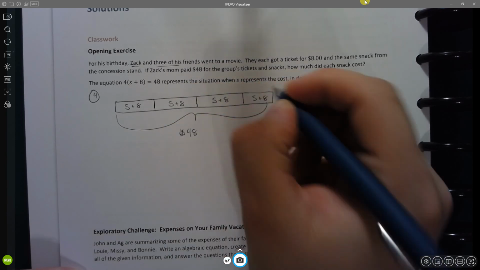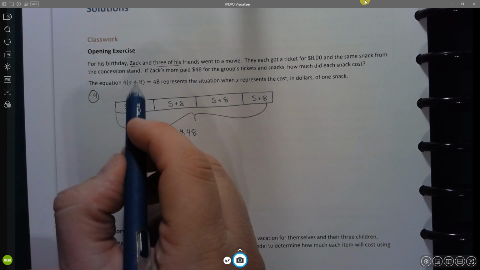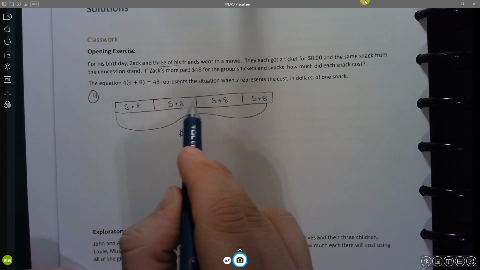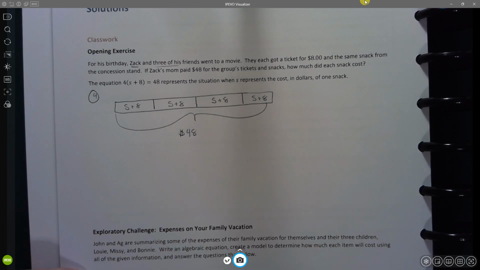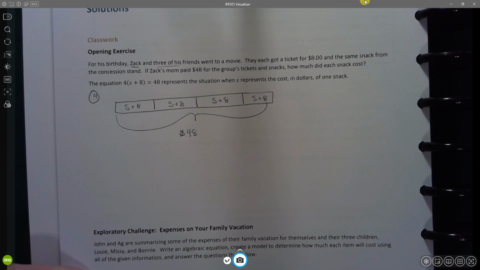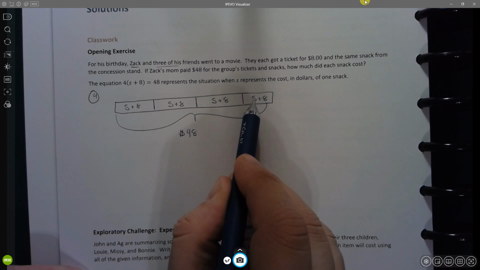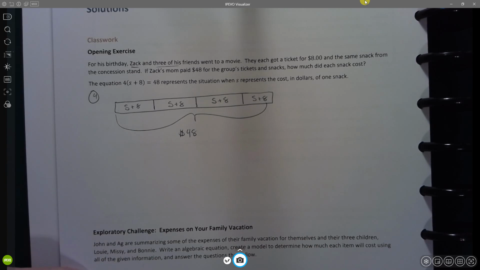And you're like, Mr. Hale, where'd you get this from? 4 people got a snack plus $8. Okay? So now here's my question to you. If each of these blocks equals $48, how much does one block cost?